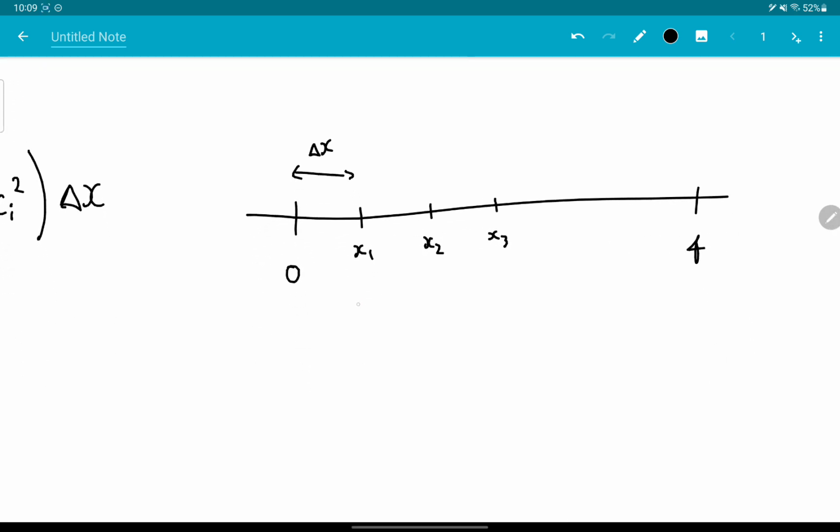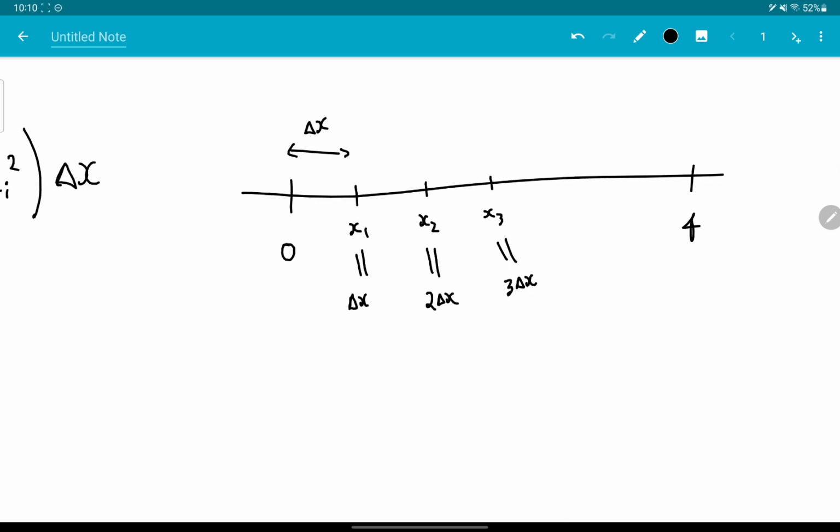Okay, so from this we can see that x1 is just delta x, x2 is going to be 2 delta x, x3 is going to be 3 delta x, because every subinterval has the same width.